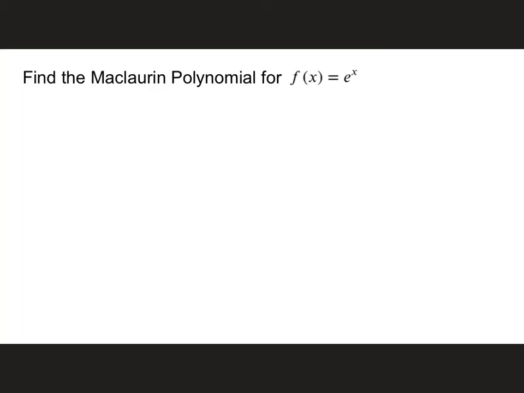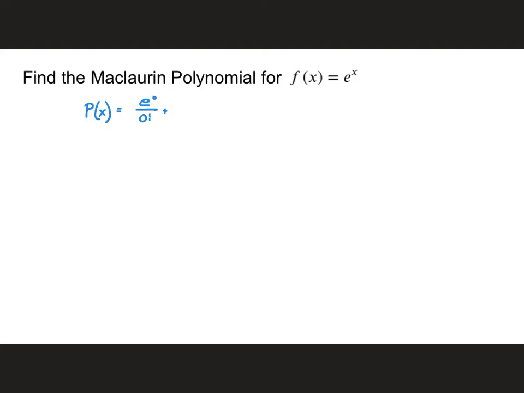So we're just going to write the Maclaurin polynomial for f of x equals e to the x. And to do that, if we follow that definition, I just have to rewrite this as e to the 0 power over 0 factorial plus, well, it would be f prime, so the derivative of e to the x.